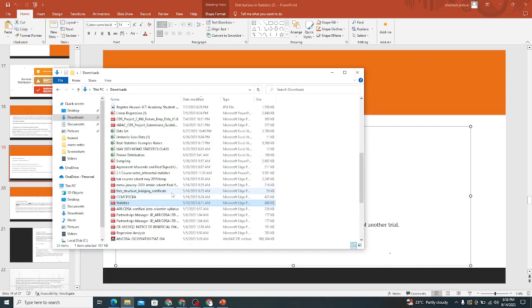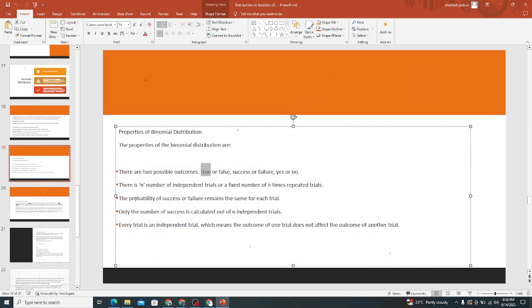Then the probability of success or failure remains the same for each trial. Of course, when you toss a coin, you are expecting a head or a tail, so your probability is 50-50, and it's the same.